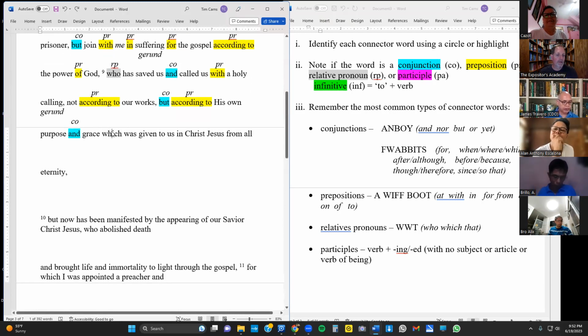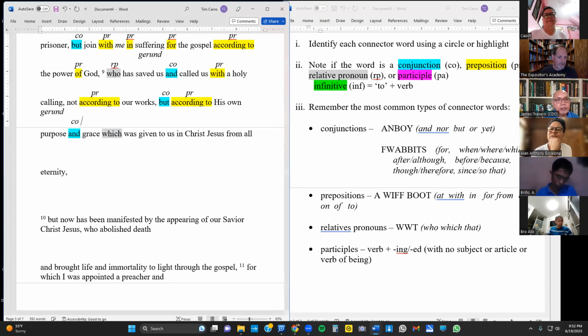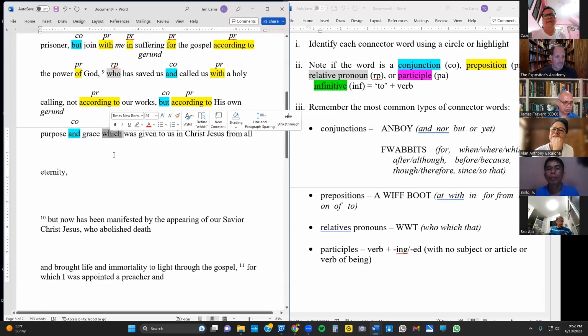Relative pronoun. Excellent. So RP. And notice, by the way, "which was given to us," "given" is a verb. These relative pronouns introduce a dependent clause. In this case, "which was given" modifies "grace." Grace, which was given.